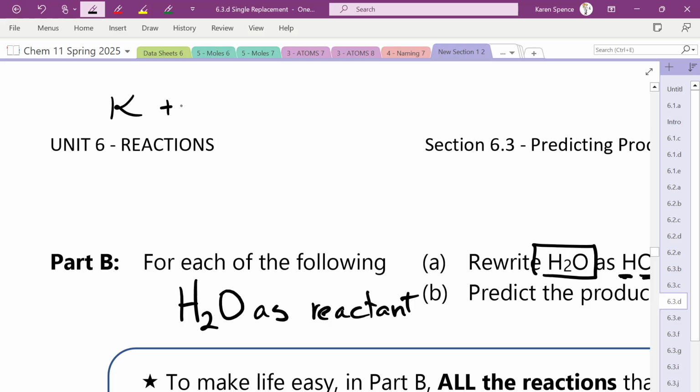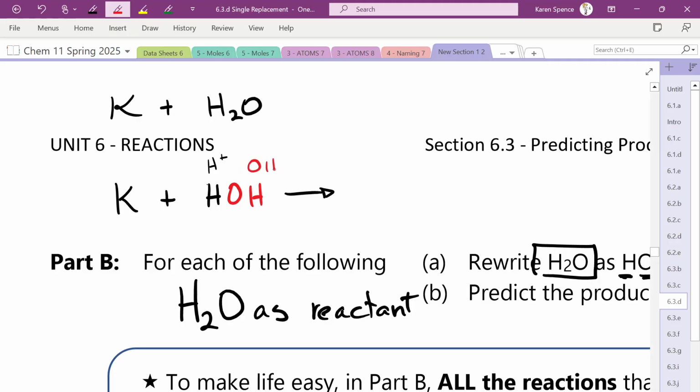Okay? So what that means is that if I have a question like this, if I have K plus H2O, I'm not going to leave it like that. I am going to rewrite it as K plus HOH. Okay? And the reason that we're doing that is because then the H is H plus and the OH is OH minus.